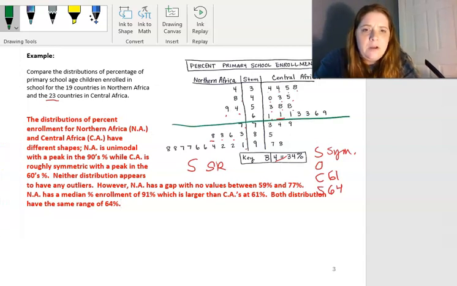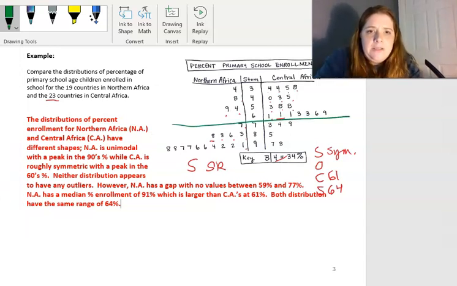I'm just going to draw that line. Northern Africa has 19 countries. There's 1, 2, 3, up to 15 values, a majority of values greater than 70%.